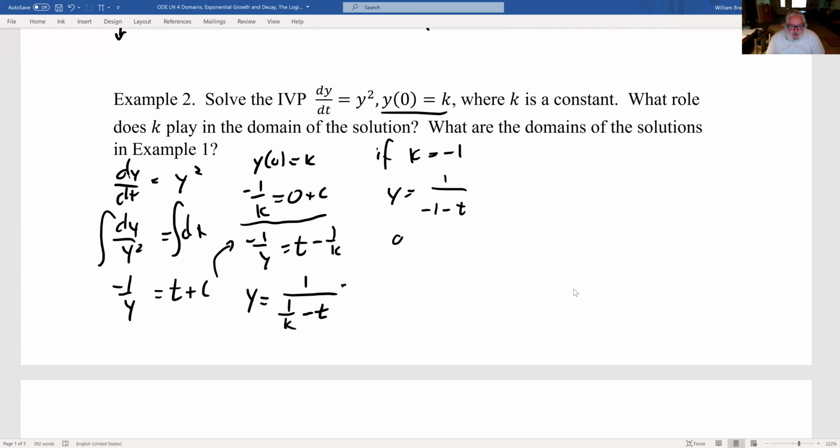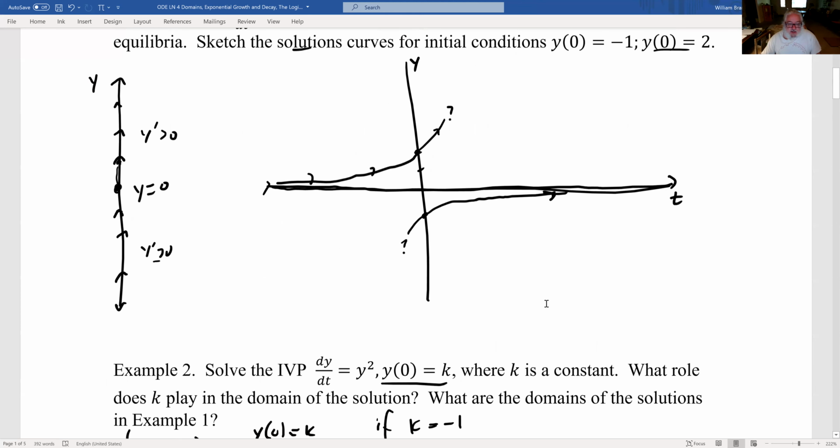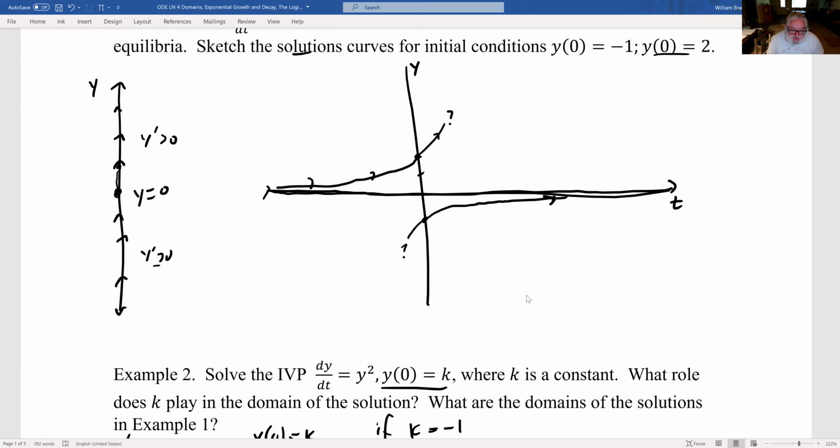So at t equals -1, we have a vertical asymptote, because if you plug in -1, you'll get -1 minus -1, which is -1 plus 1, which is 0. So there's a vertical asymptote at t equals -1. This curve is just going to go down to infinity, and so the domain of this solution is -1 to plus infinity.